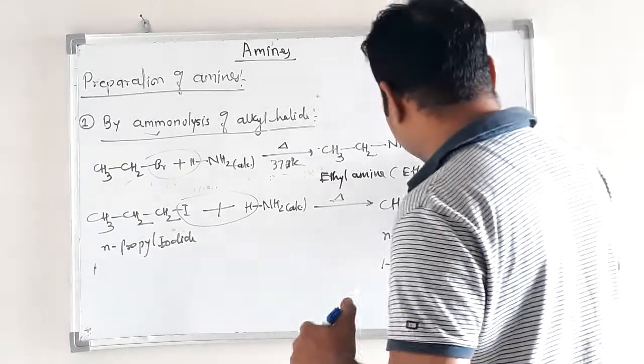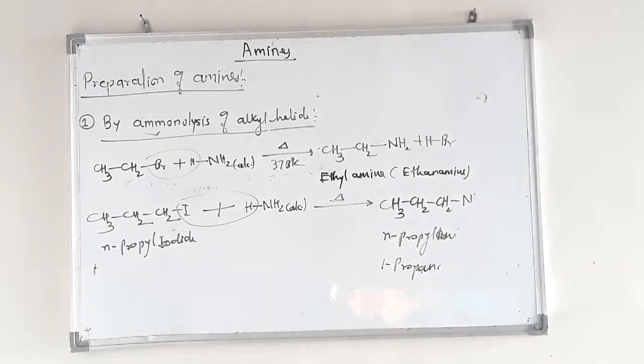Now the second method, another method. What is the other method? By reduction of nitro compound. See, in the second method, aliphatic or aromatic nitro compound, not amine, nitro compound gets reduced to amine, the corresponding primary amine.